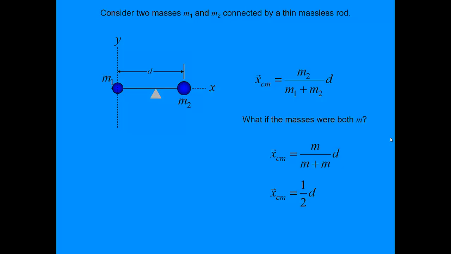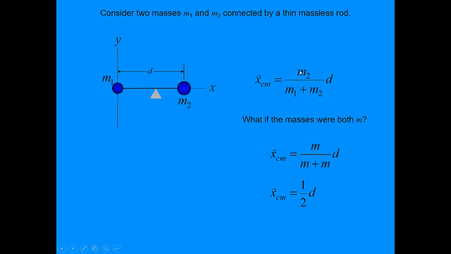That works. Well, if M2 is bigger than M1, then wouldn't this fraction be bigger than 1/2? Which means the center of mass shifts towards M2. The bigger M2 gets, the more the center of mass shifts towards M2, which I hope makes logical sense. If M2 is a lot bigger than M1, this fraction eventually just becomes 1.